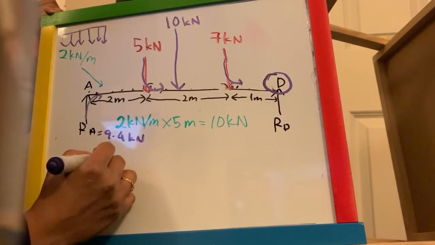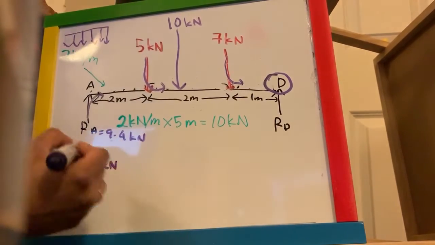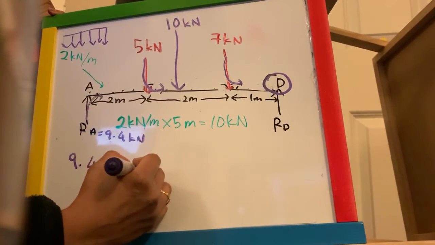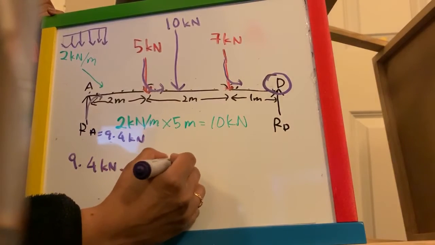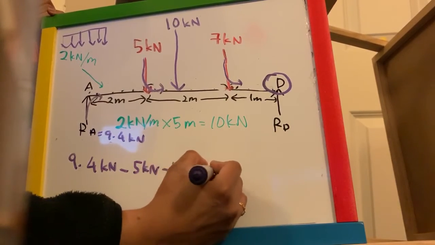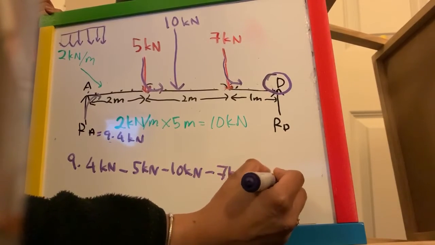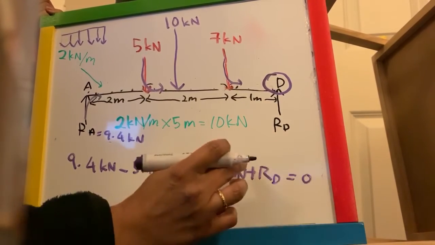Now you use the direction of the arrow to determine whether you want to put a positive or a negative value. Okay, 9.4 minus 5 minus 10 minus 7 plus RD equals to 0.